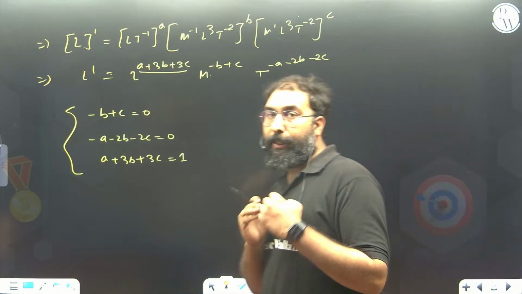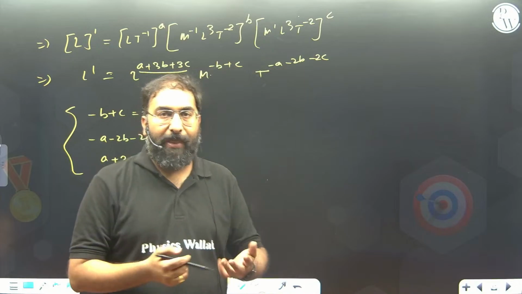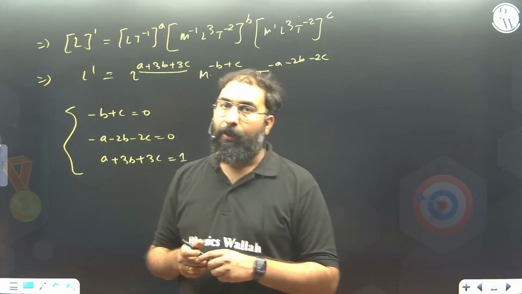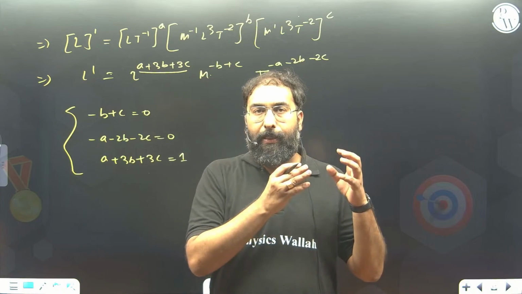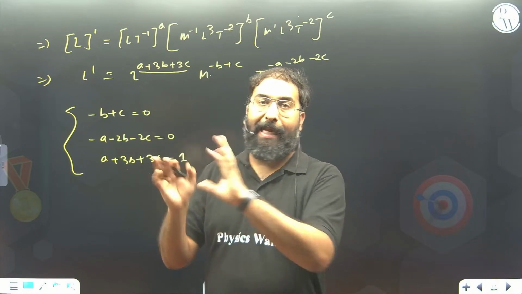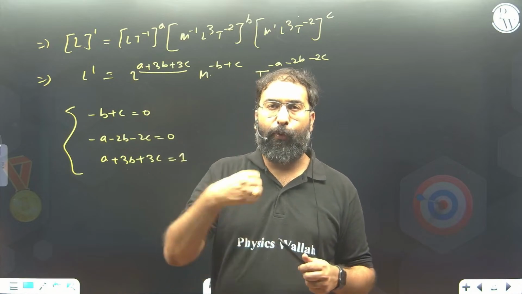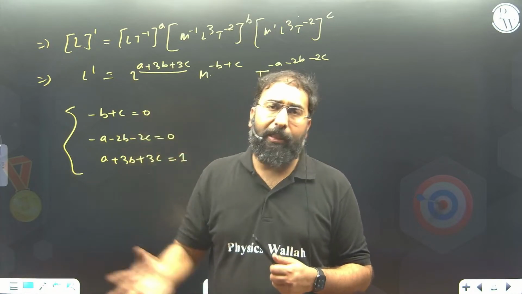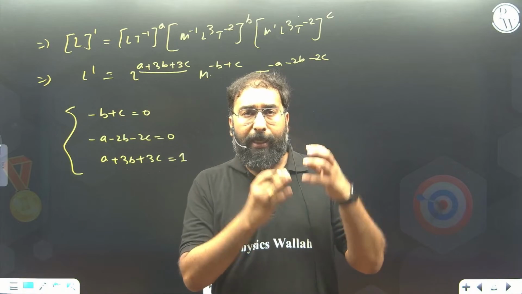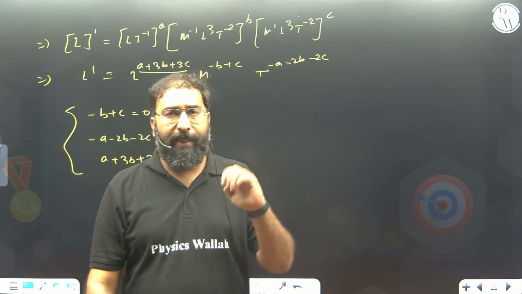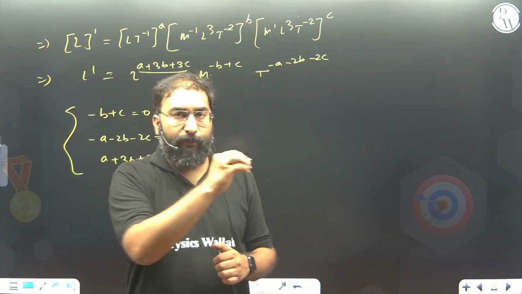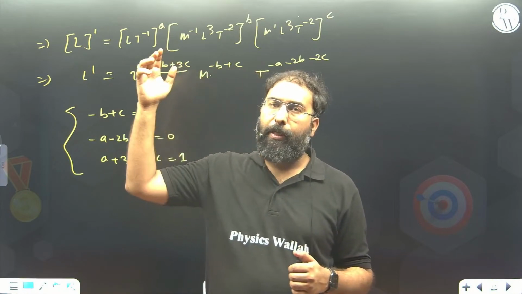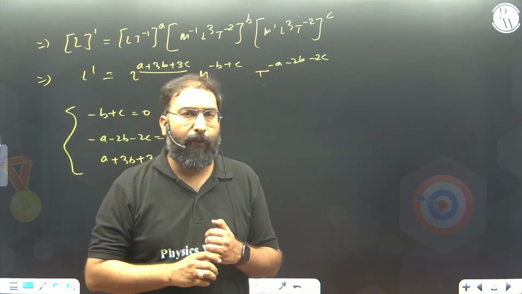So this was a different problem which has been asked in NEET a couple of times, where they will give you energy, velocity and time as the fundamental quantities, and you have to write down the dimension of all other physical quantities in terms of energy, velocity and time. Or they can take any other quantities, say force, energy and some other physical quantity.